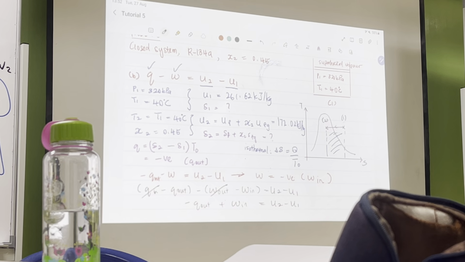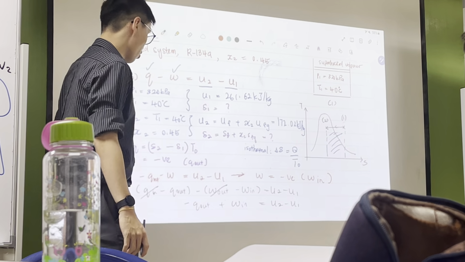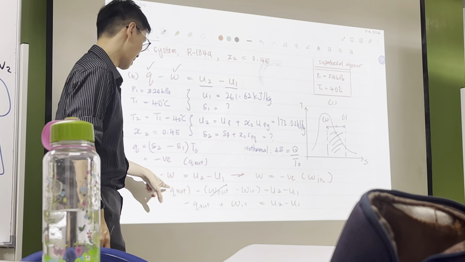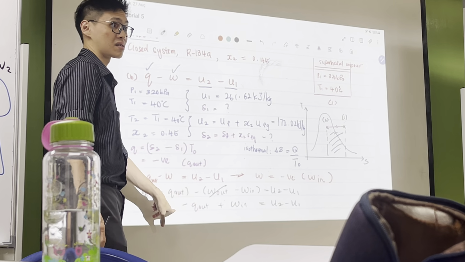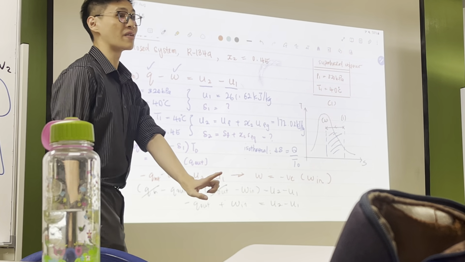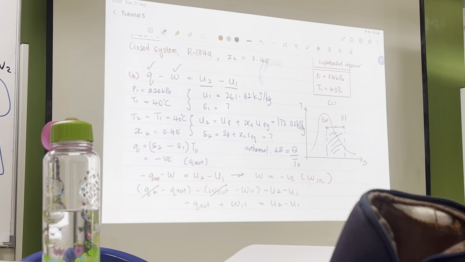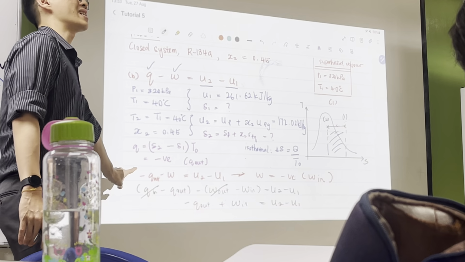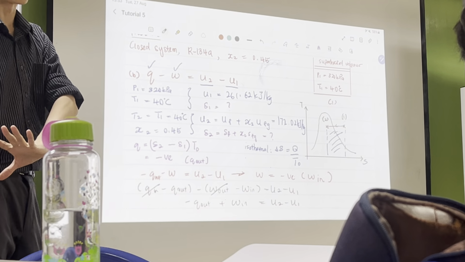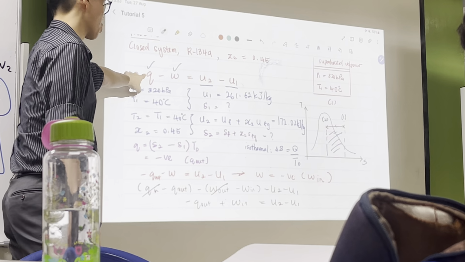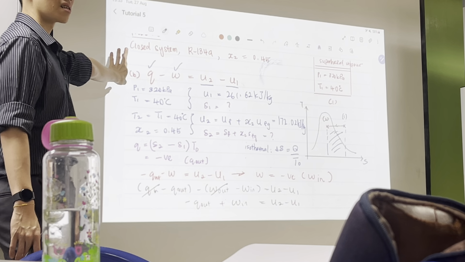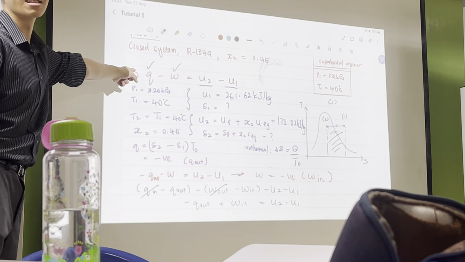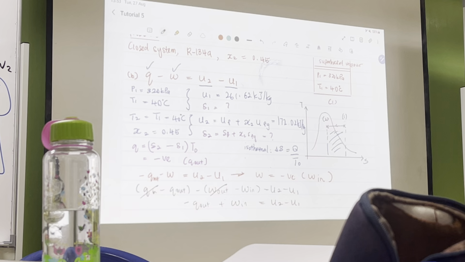So if you write this equation, then when you sub in this Q value, you should sub in the positive value because the negative is already here. And then your work in, you should get a positive value because of that. So these are just two things. This one is you define the direction right from the start. This, when you use this, is when you don't know what the direction is. If the bottom one confuses you, then forget about it. Then follow the standard convention.